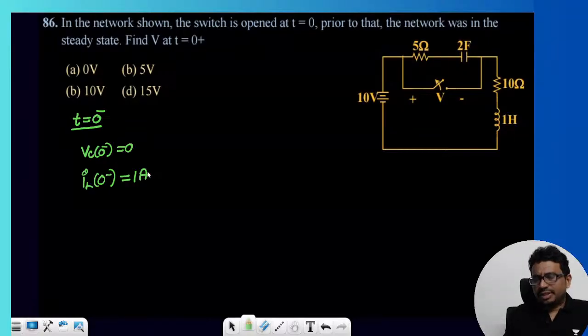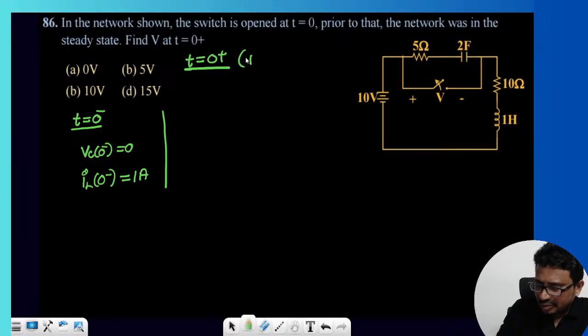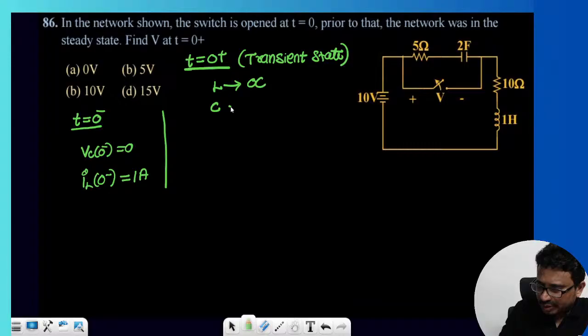Now we need t equal to 0 plus, right? That is the transient state. In the transient state, how will the inductor behave? The inductor is open circuited and the capacitor is short circuited.